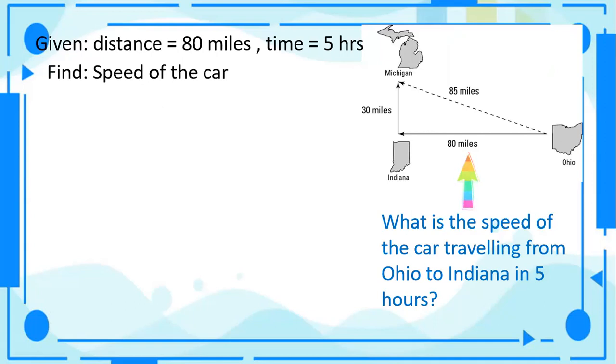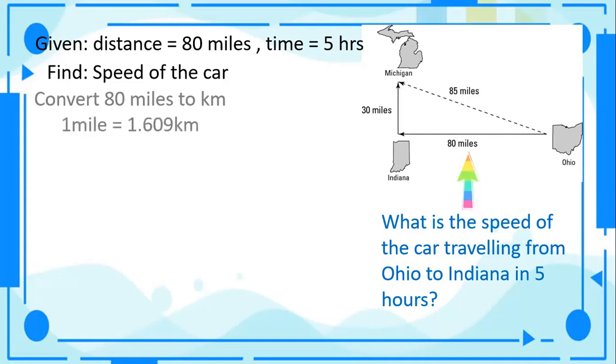In the problem, the distance is expressed in miles, so we need to convert it first to kilometers before proceeding to computation, because, like what we have discussed, distance and speed are expressed in either meter or kilometer units.